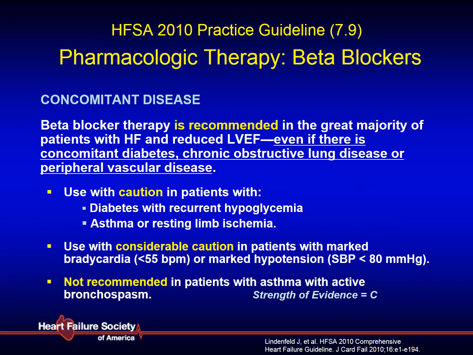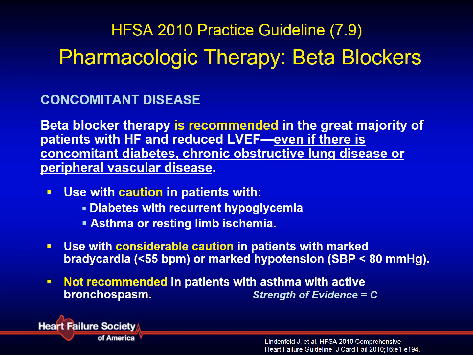And this slide reinforces some of the things that I talked about in the introductory slide to beta blockers, that even if a patient has concomitant diabetes or COPD or peripheral vascular disease, beta blocker is recommended in the great majority of these patients. Again, use caution in patients who have limb ischemia, but also patients who are diabetic and have hypoglycemia or a history of hypoglycemia.